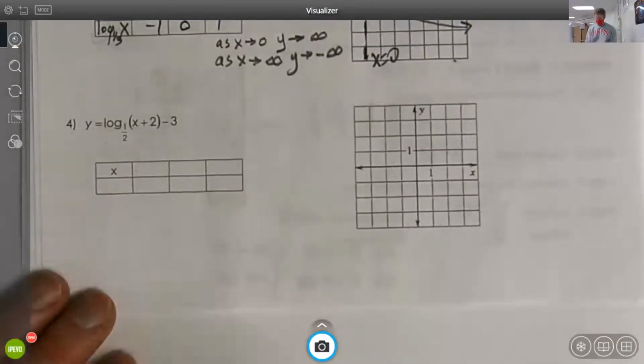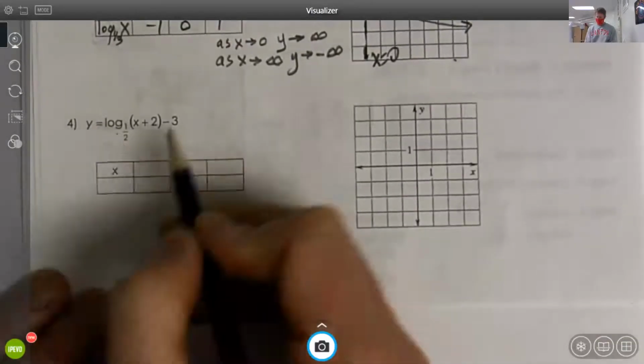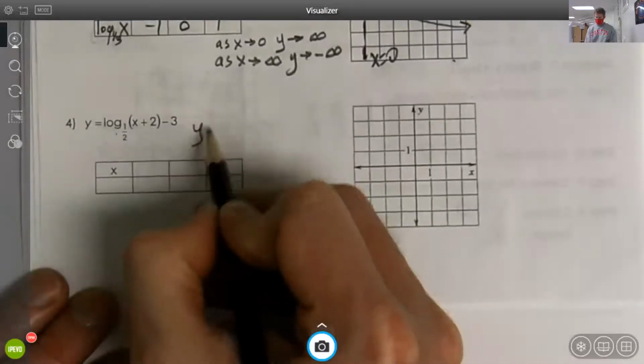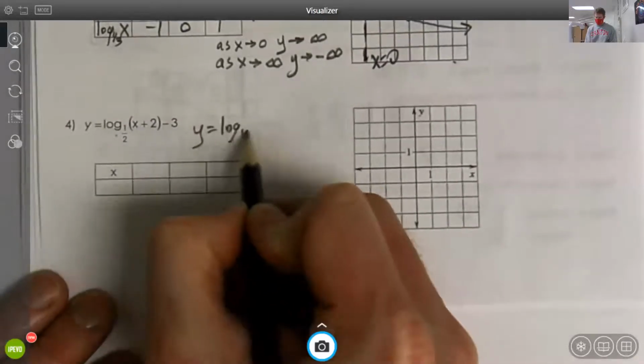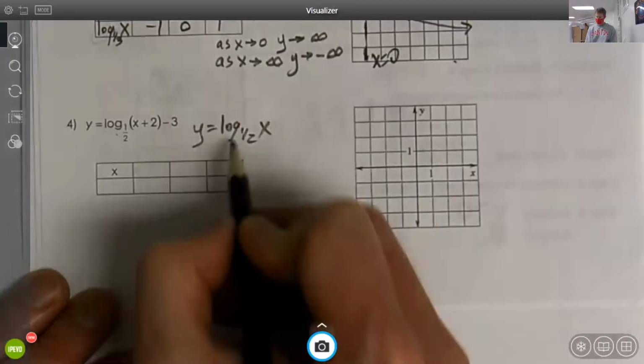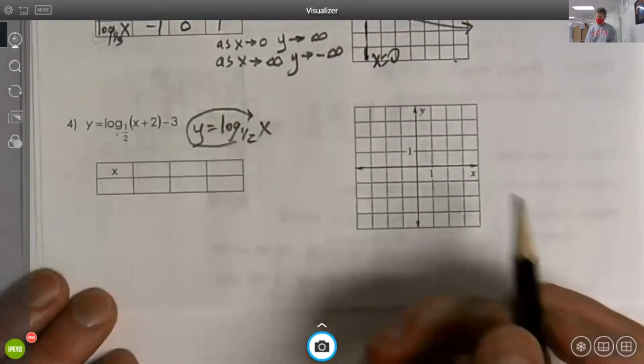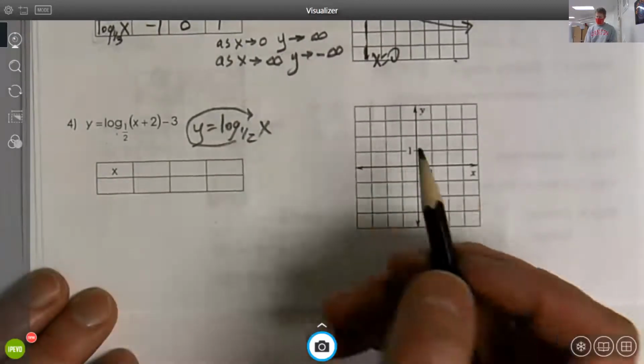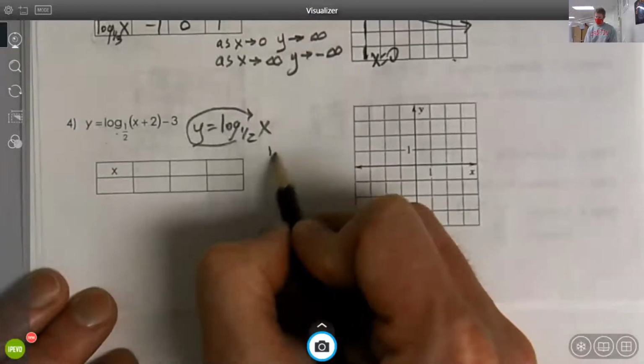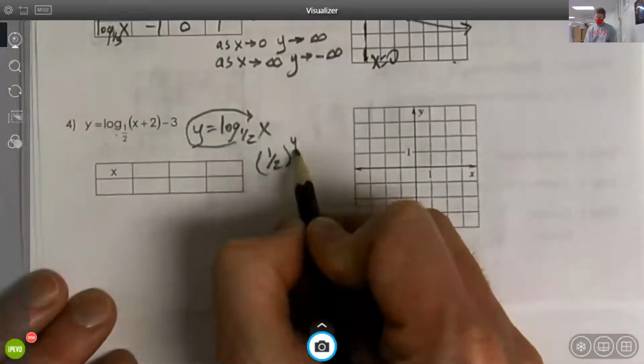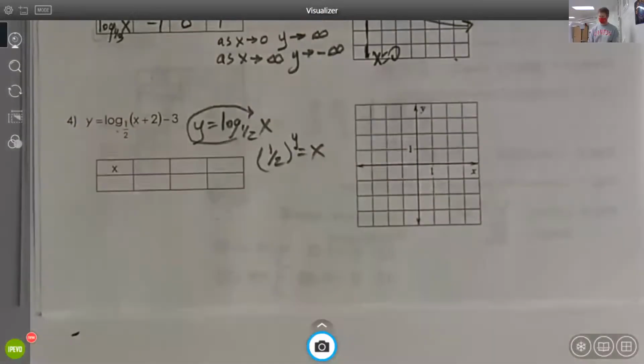Okay, for our last one, we're first going to graph y equals log base 1/2 of x. And to do that, we're going to do the exponential of 1/2 to the y power equals x.